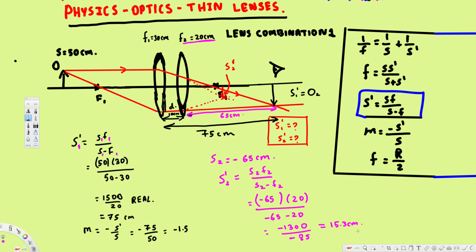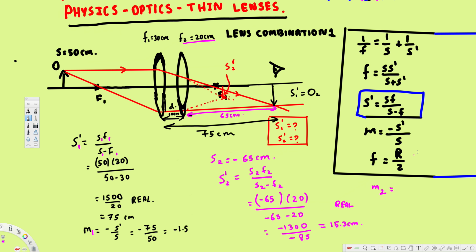centimeter. Now this image is real, right? That makes sense because this is behind the lens, so this one is also a real image. Now let's look at the magnification. This is M1, this is M2.